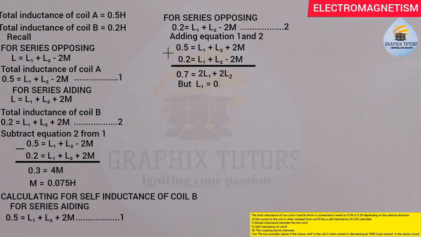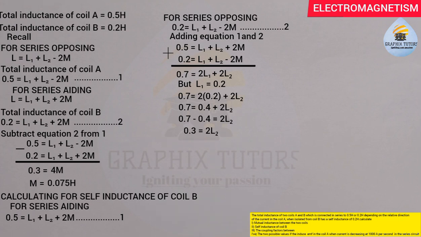So we're given the self-inductance to be 0.2, right? From here, if I input it into this equation above, I'll have 0.7 equals 2 multiplied by L1, which is 0.2, plus 2L2. If you do the needful, 0.7 will now equal 0.4 plus 2L2. If I take 0.4 to the other side, I'll have 0.7 minus 0.4 equals 2L2, and 0.7 minus 0.4 is 0.3, equals 2L2.